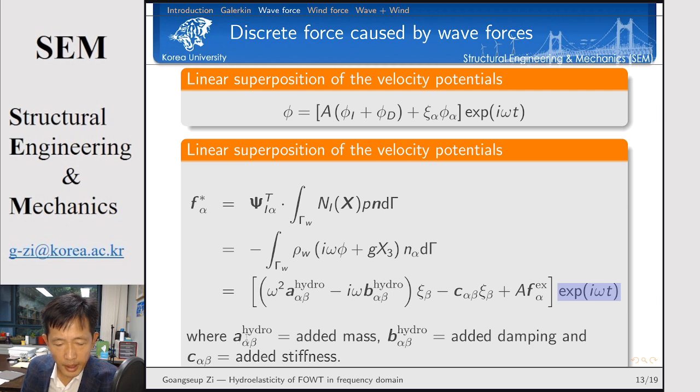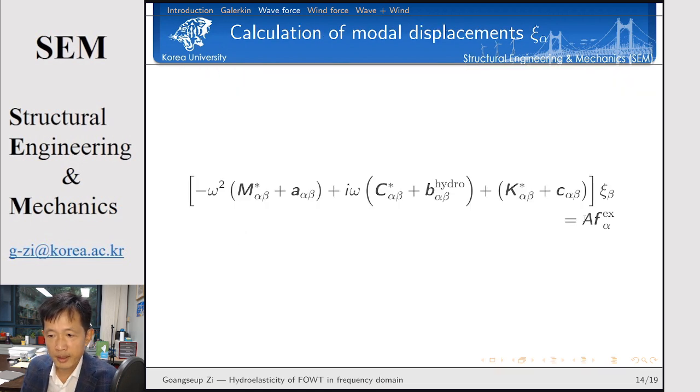Here A alpha beta associated with omega square is called added mass, the term associated with i omega is called added damping, and the term associated with C beta is called added stiffness. If you plug this external force into the previous equation, then finally we obtain this equation.